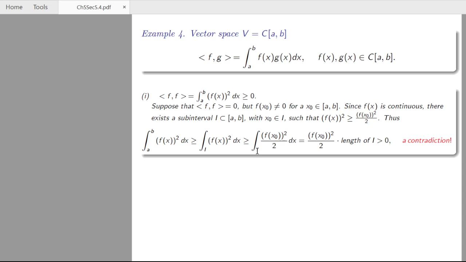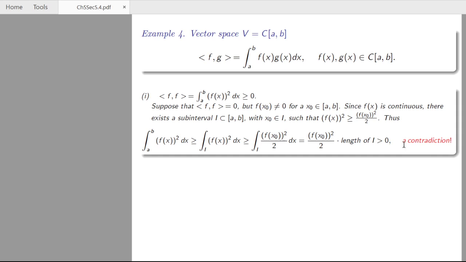That should be equal to the length of I. So in this way, we got this value times the length of I. This should be greater than 0. Why? Because in the beginning, we assumed f(x0) is not equal to 0, so the first part is bigger than 0. The length of I is the length of an interval, so it is positive. Both are positive, so the product should be positive.